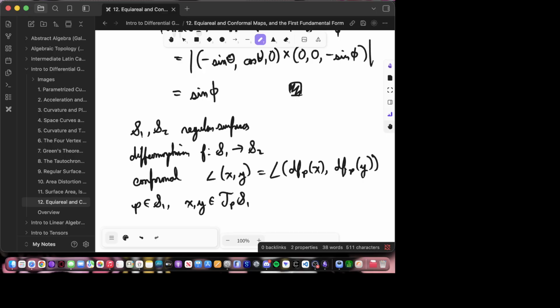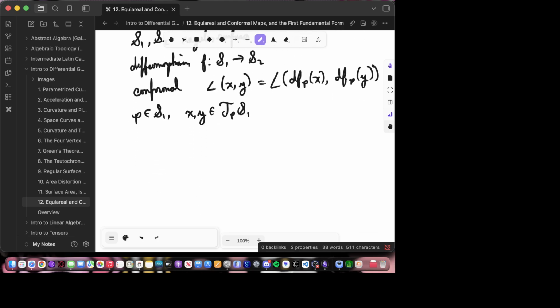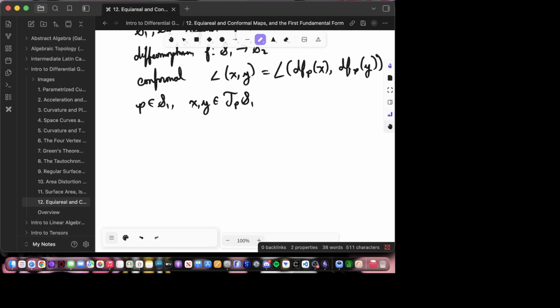So this definition is pretty tough to work with, but luckily there's a proposition we can use that allows us to identify conformal maps easier.